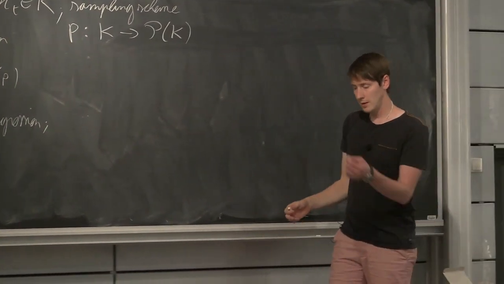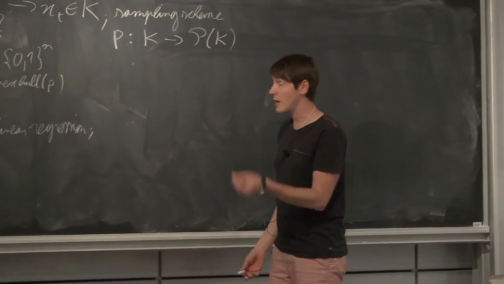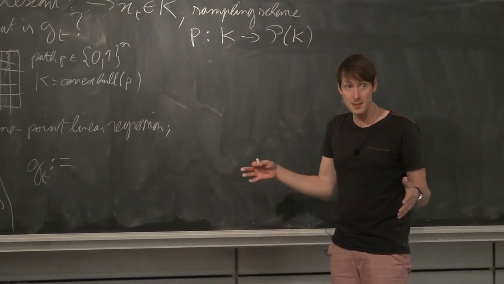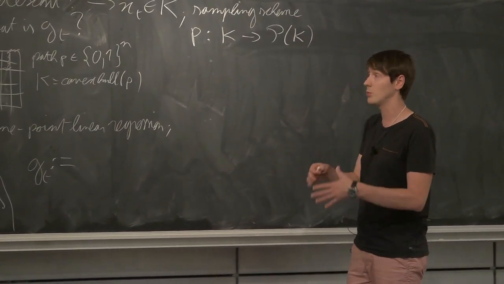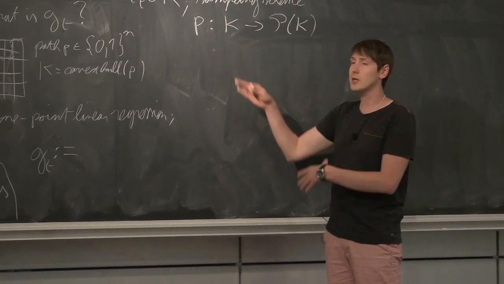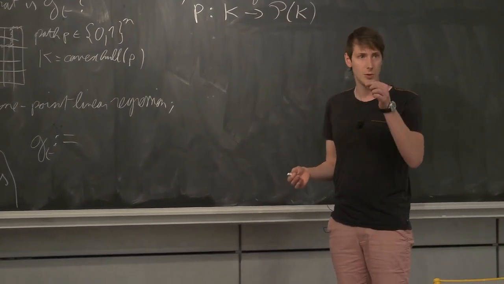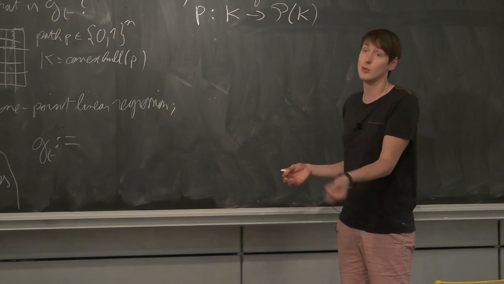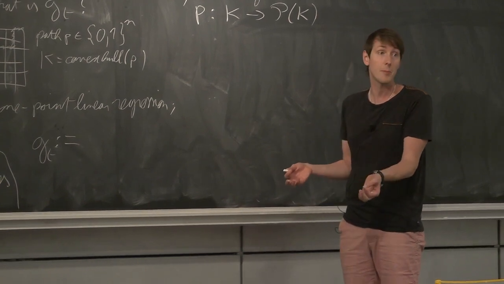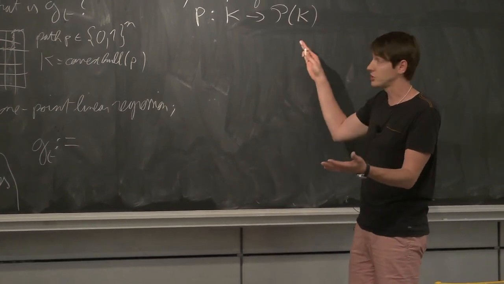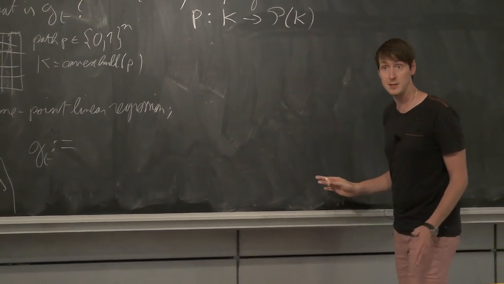What do I mean? I mean that it associates to a point a probability distribution over the entire convex body. When we were in the simplex, there is a canonical sampling scheme: if I have a point x, it's also a probability distribution, so I can sample from it. But for general convex bodies, I have more flexibility here.